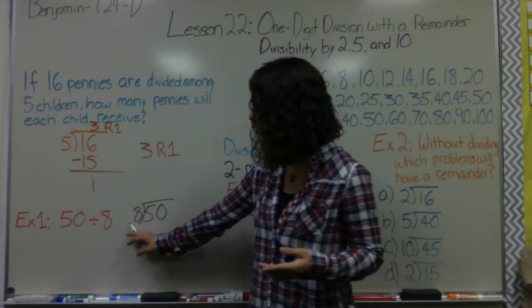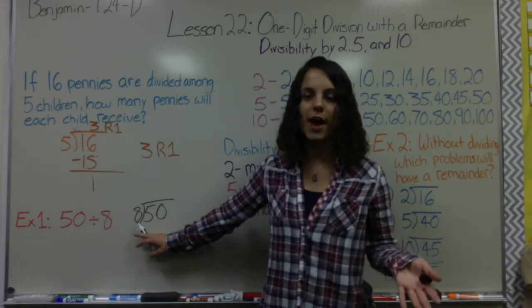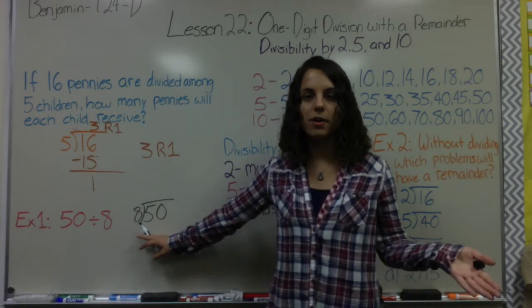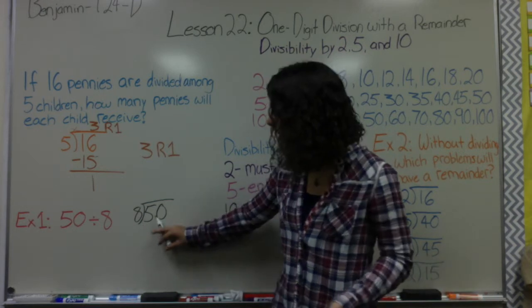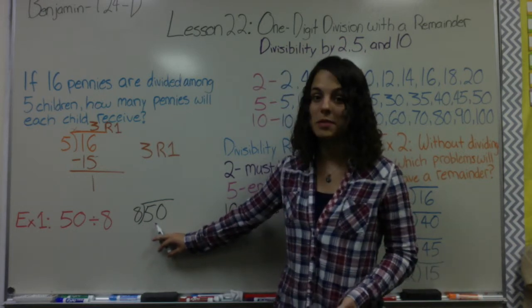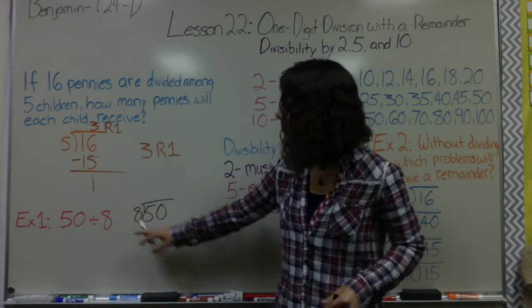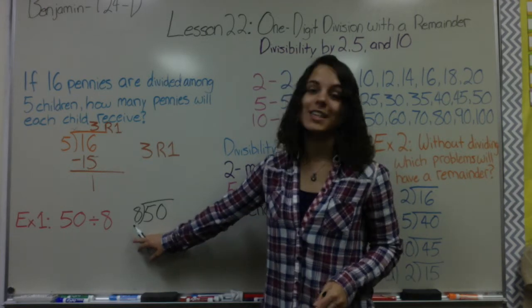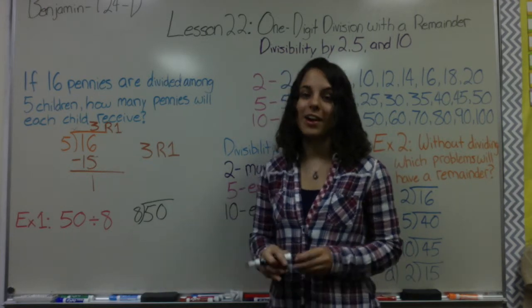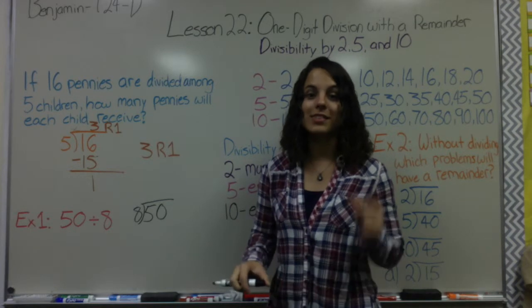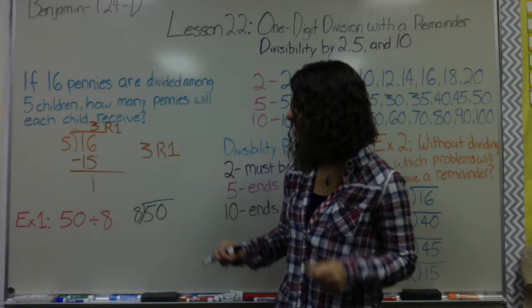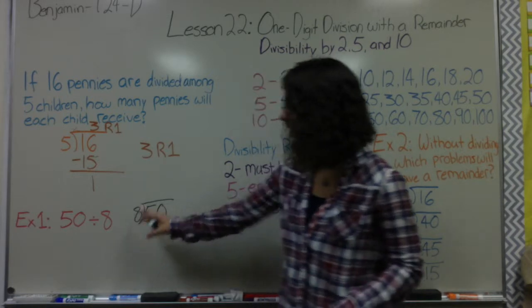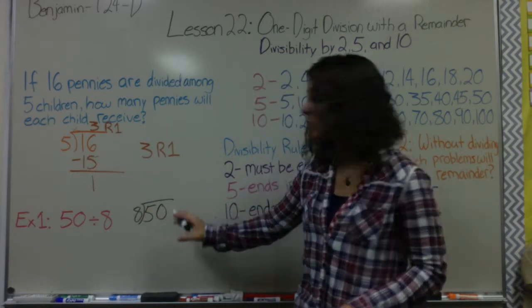I'm going to start with maybe something like 5. 8 times 5, that one's usually an easy one for a lot of us to calculate, and that would be 40. Well, I think I could probably get closer to 50, because then I have to go up 10 more. So let's try 8 times 6. If we remember, like I've been teaching you, 6 times 8 is 48. It's kind of like a rhythm. 6 times 8 is 48. So 8 goes into 50 6 whole times.